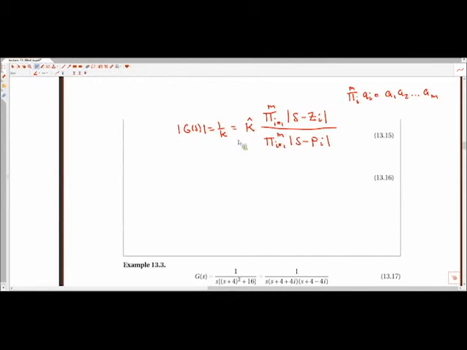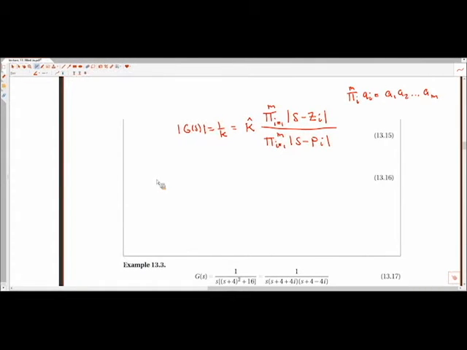So we know, going back to Bode plots, that if we have a transfer function, it's composed of a set of poles and zeros. We know that the magnitudes multiply, that's why this is a product. And then we know that the phase angles add together.